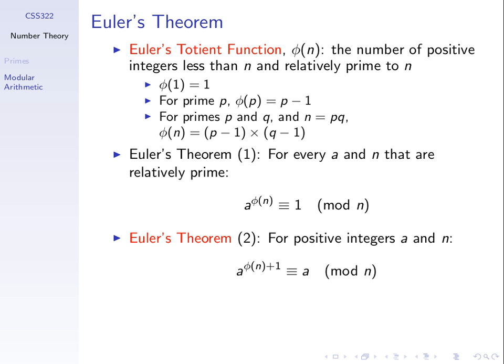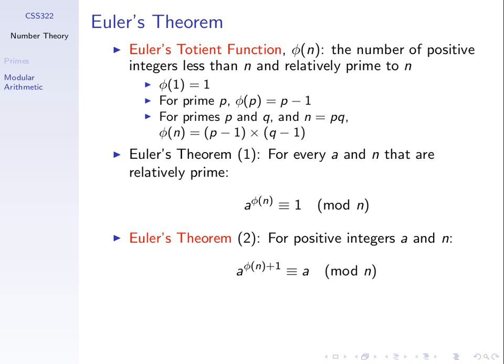No, 2 and 6 have a greatest common divisor of 2, not 1. So 2 and 6 are not relatively prime. 3 and 6? No. 4 and 6? No. 5 and 6? Yes. 1 and 6 and 5 and 6 are relatively prime. Therefore, the answer is 2. So that's the definition of Euler's totient function.